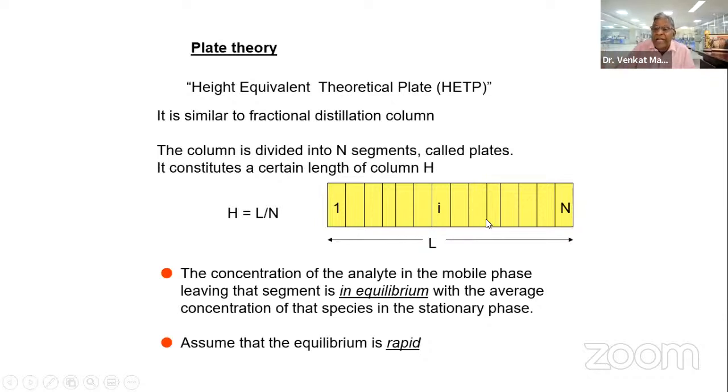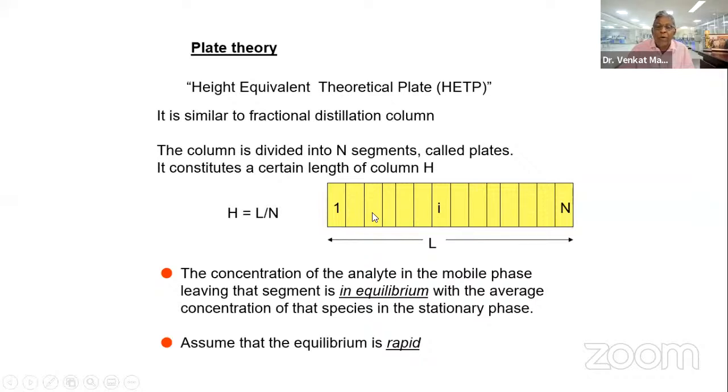I can equally divide the column depending upon its ability, and I have divided n segments. They are called plates. And this is the length of the column, L. So one height equivalent is nothing but H is equal to L by n. Height equivalent theoretical plate. That's all.